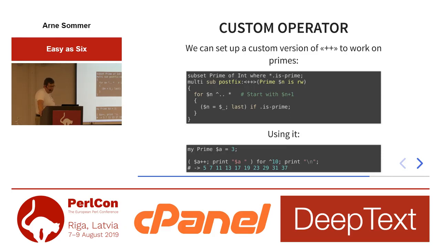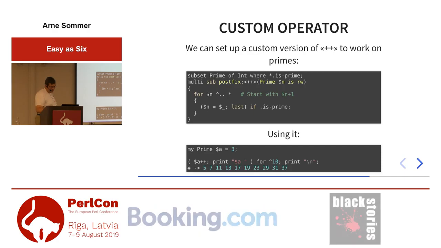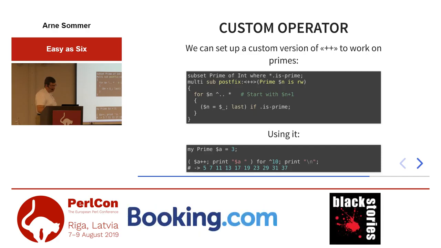And using it, as you see there, we can start with the prime and just use ++ to get the next prime. Yeah. Don't do this. This will only confuse everybody.